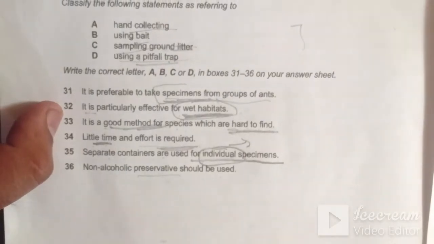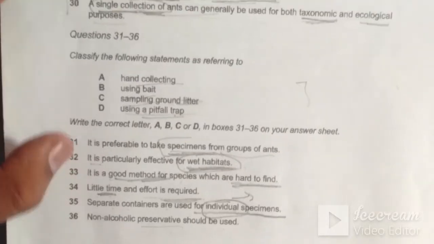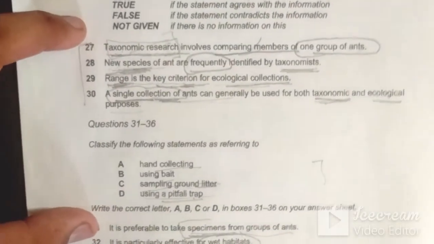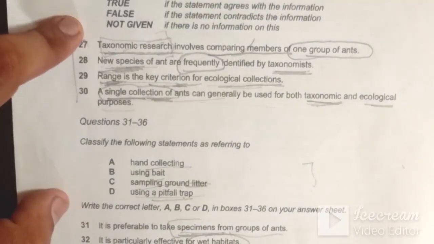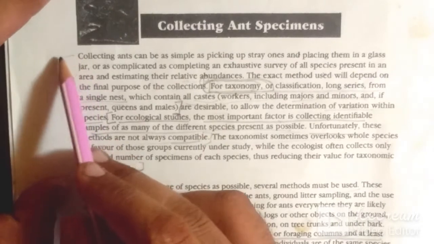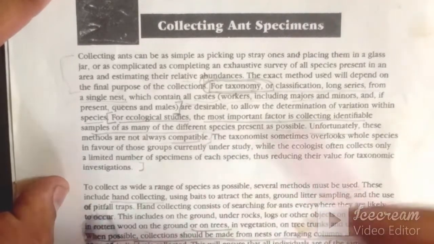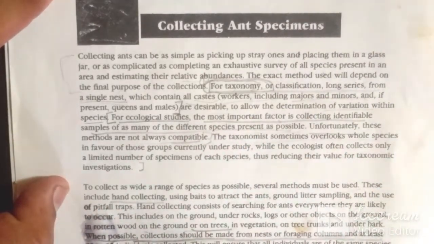So let's just go to our passage and find out if we are going to find all these kinds of questions. So the first question was: taxonomic research, comparing the members of one group of ants. This is your passage. The first 4-5 lines are of the journal. So read them very quickly and just take their overview as well.